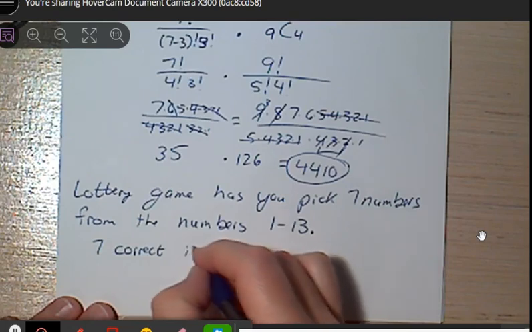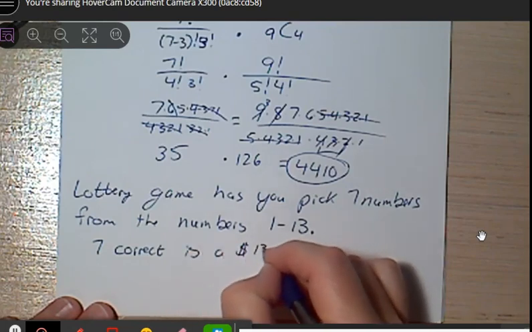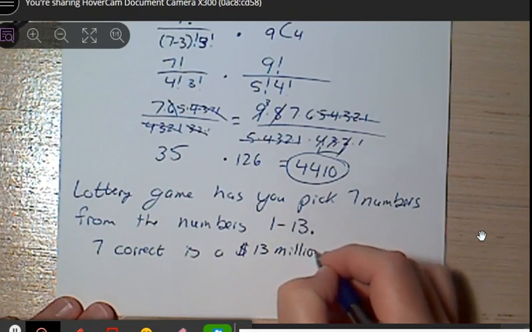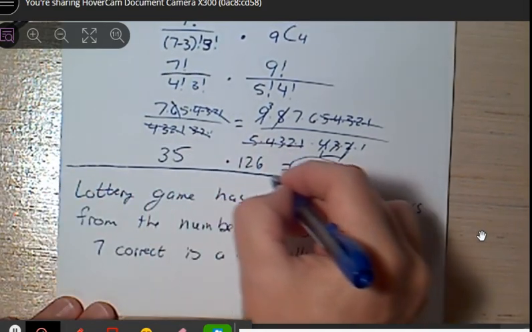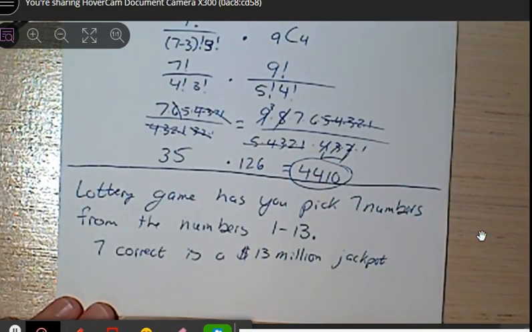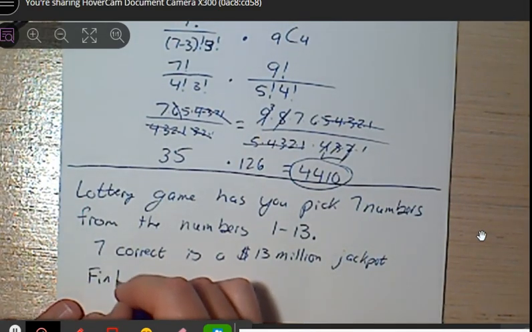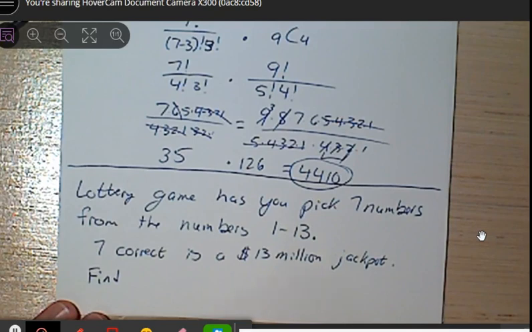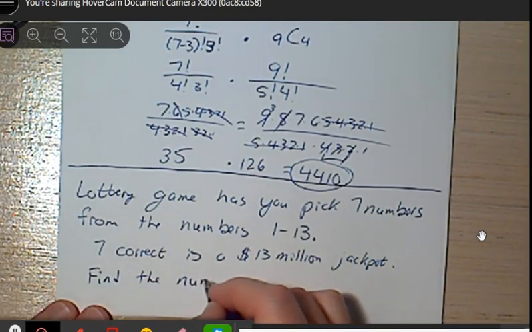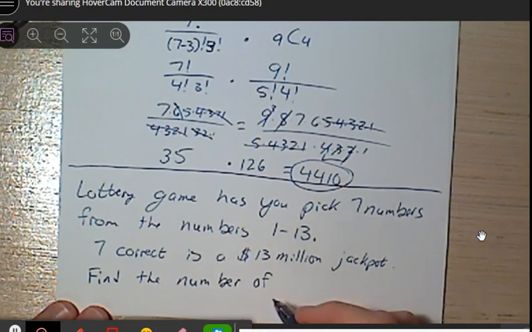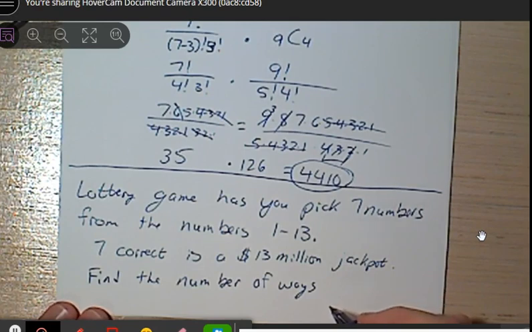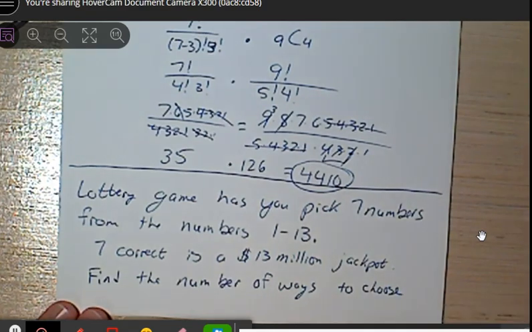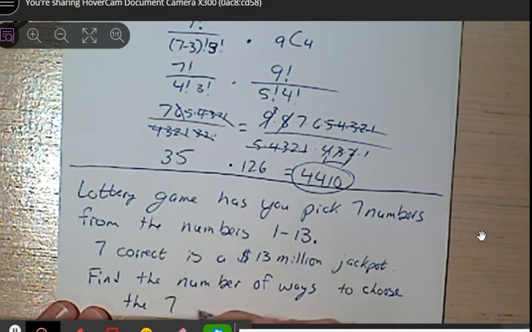Seven correct is a $13 million jackpot. Find the number of ways to choose the 7 numbers.